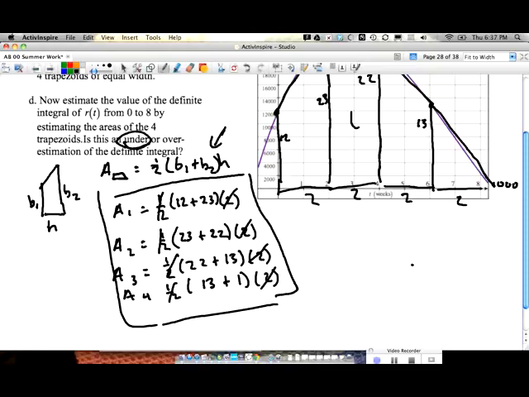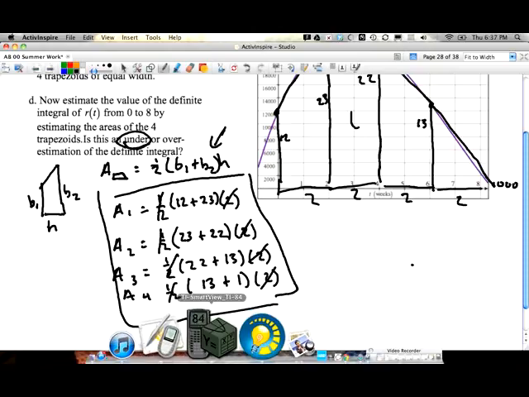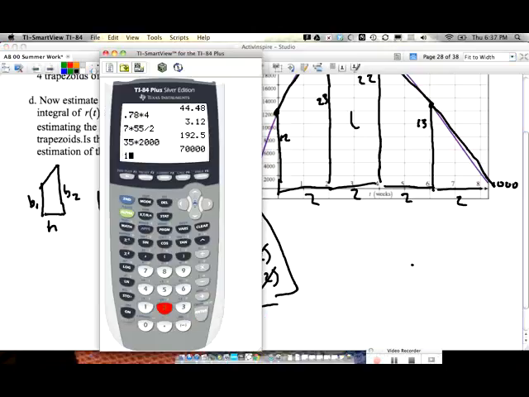12 plus 23, 23 plus 22, 22 plus 13, 13 plus 1. Well, there's a lot of repeating going on there. Add them up. We got 12 plus 23 plus 23 plus 22 plus 22 plus 13 plus 13 plus 1. Oh, looks like I missed some.